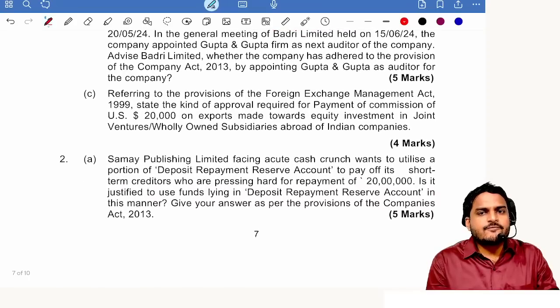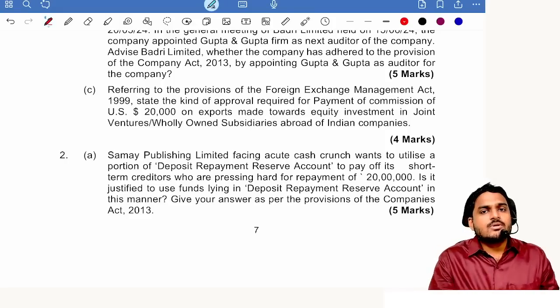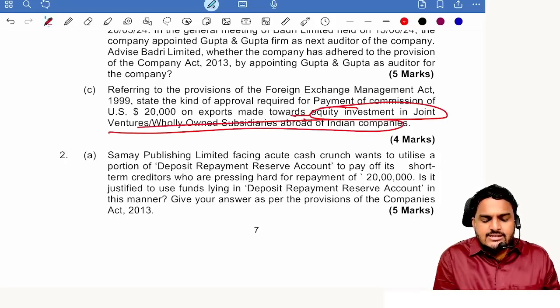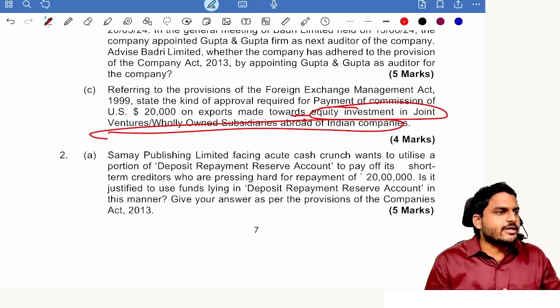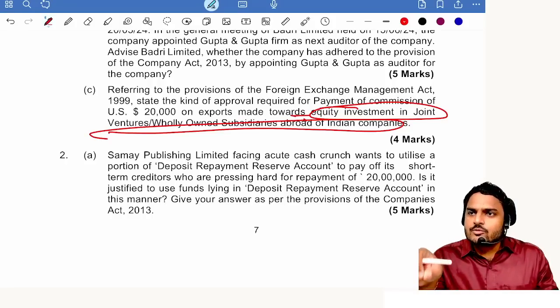Referring to the provisions of FEMA, state the kind of approval required for payment of commission of $20,000 on exports made towards equity investment in joint ventures. Fully prohibited. Correct. If it is connected to the rupee state credit route, then also prohibited.